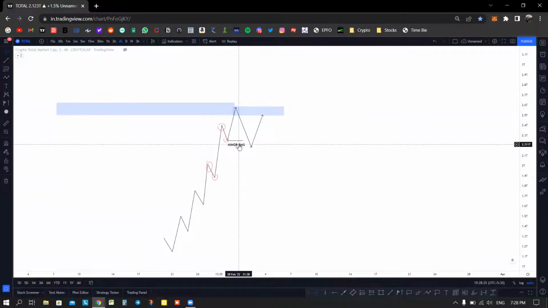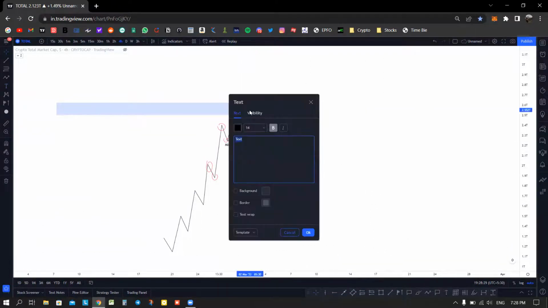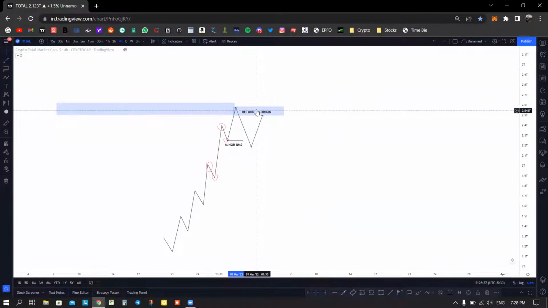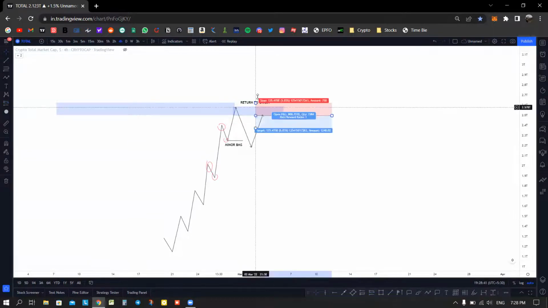Yeah. So this minor BMS happened, and I call this a return to origin, RTO. Return to origin is called RTO, and that's when I will look for sells.